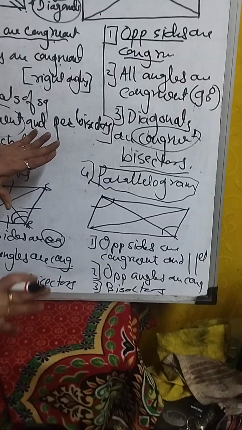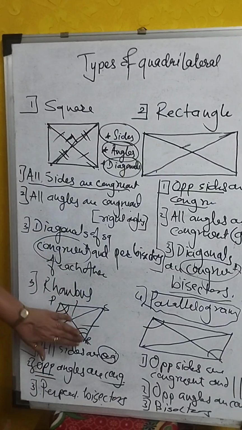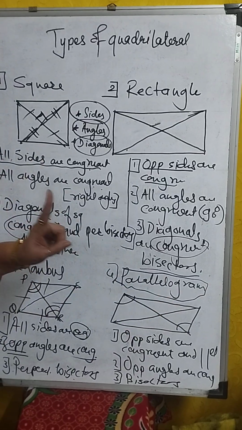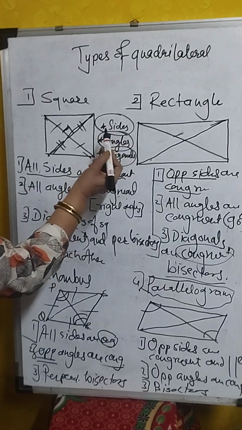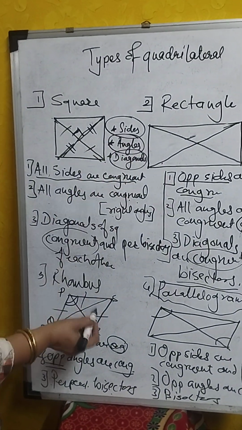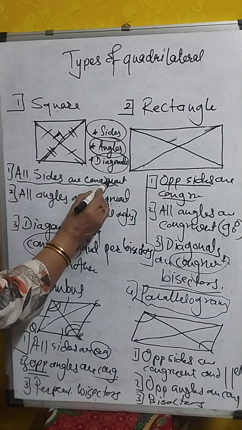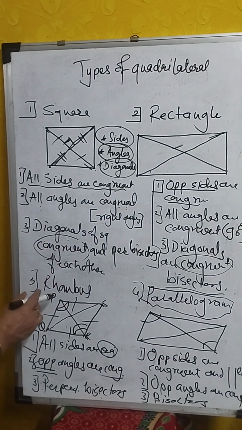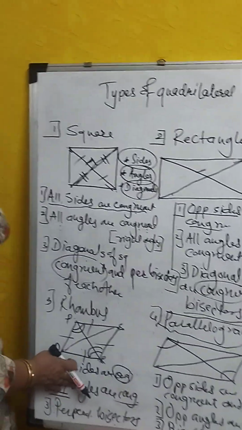How will you remember? You will remember the four quadrilaterals comparatively: square, rhombus, rectangle, parallelogram. On which basis? On the basis of sides, angles, and diagonals. All sides of a square are congruent, all angles are congruent.